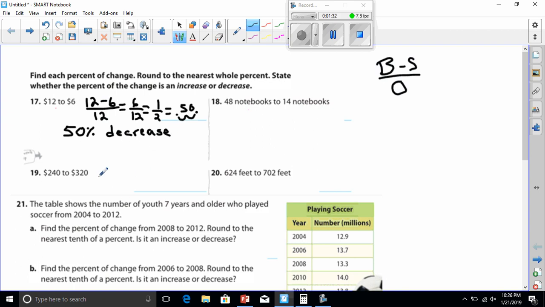All right, let's go ahead and work number 19. 240 to 320. Well, the big number is 320. We're going to subtract 240. And we're going to divide it by the original number, that was 240. Well, 320 minus 240, that's going to be 80.